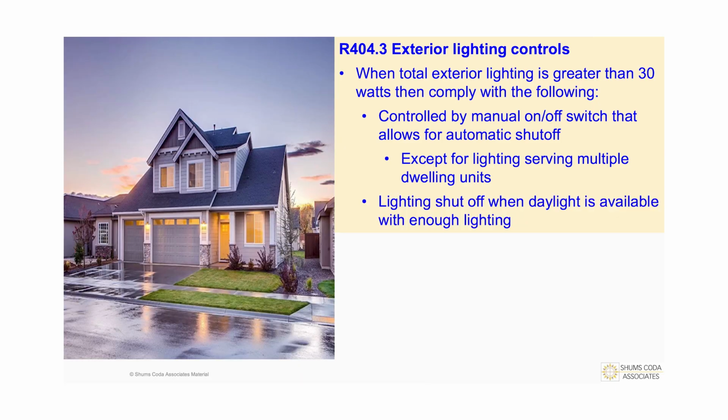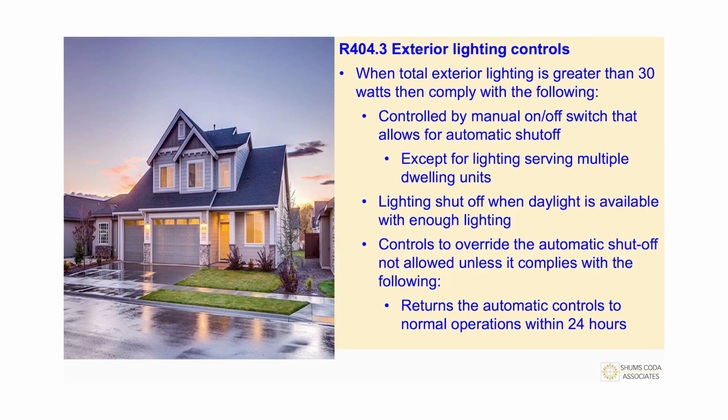And then the other one is lighting shut off when daylight is available and there's enough light. Today we don't need the exterior lighting on, so there has to be some sort of control that's going to shut it off right now because we get plenty of light from that sun. Next one is we also need a control that overrides that automatic shut off.